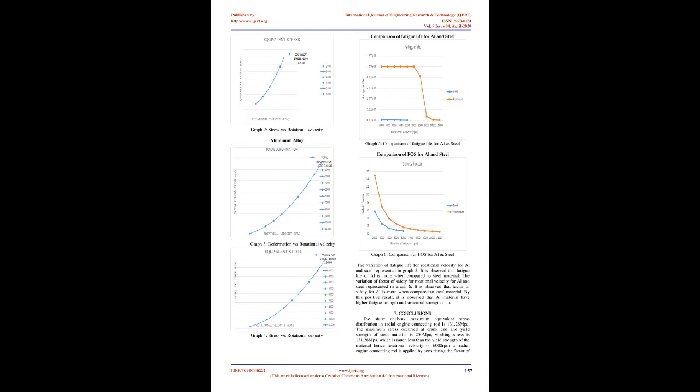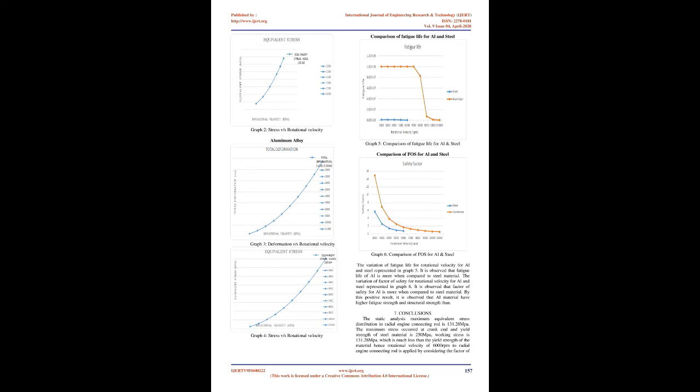Hence a rotational velocity of 6000 rpm to the radial engine connecting rod is applied, considering a factor of safety within the range of 1.5 to 2. Once the rotational velocity increases above 6000 rpm for steel, the connecting rod will fail, hence the maximum rotational velocity should be within 6000 rpm for steel material.